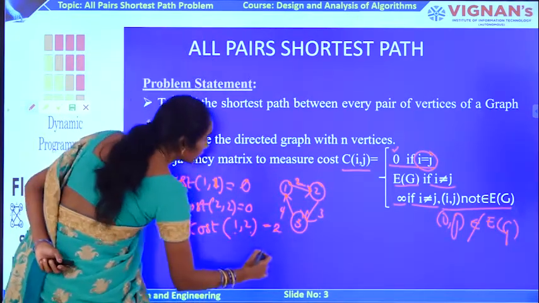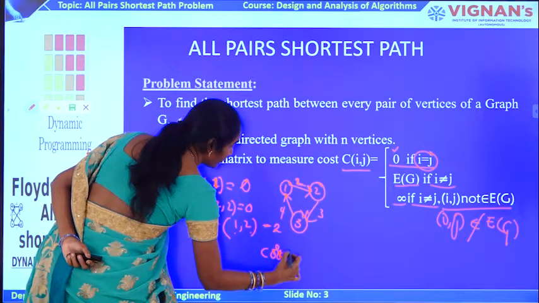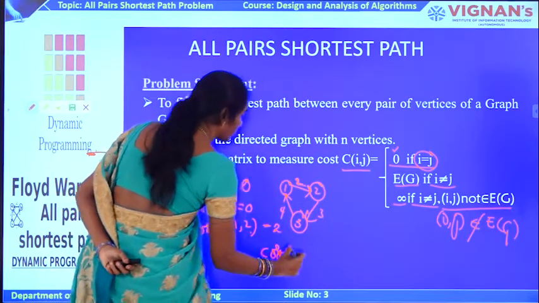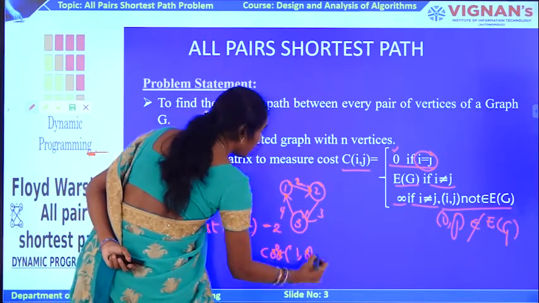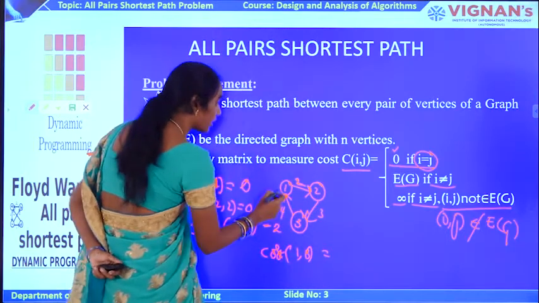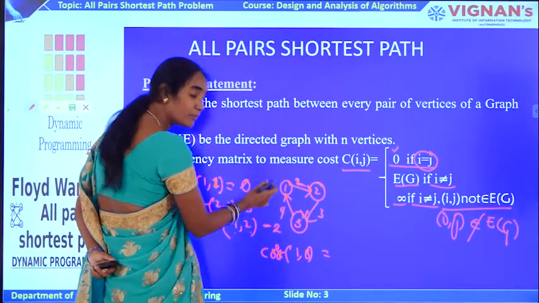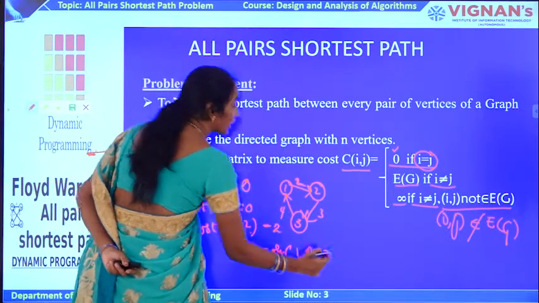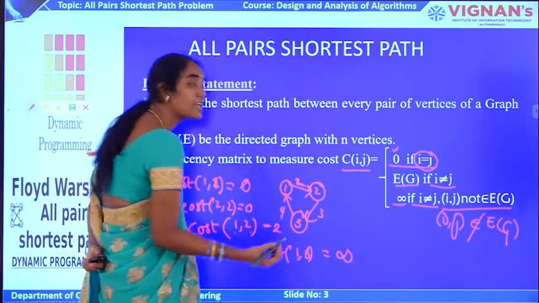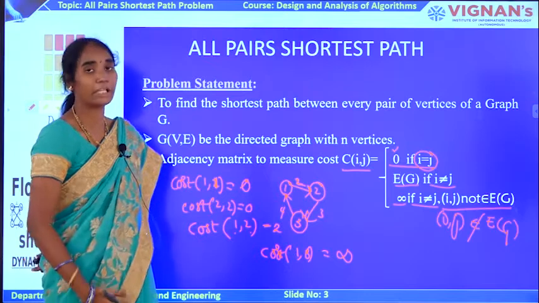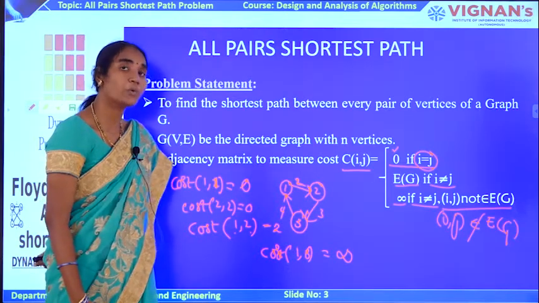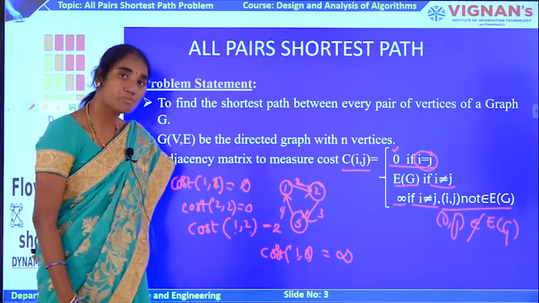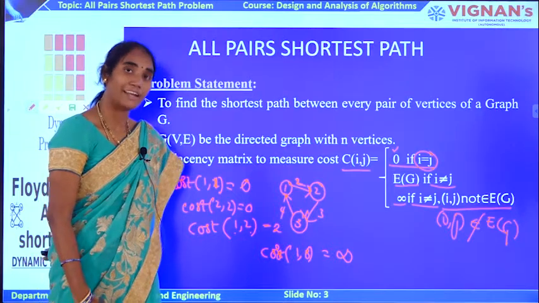For suppose, cost of 1, 3. Is there any path from 1 to 3? No. As there is no edge from 1 to 3, I have to give the cost as infinity. So, this is how I have to find the cost adjacency matrix for the given graph.